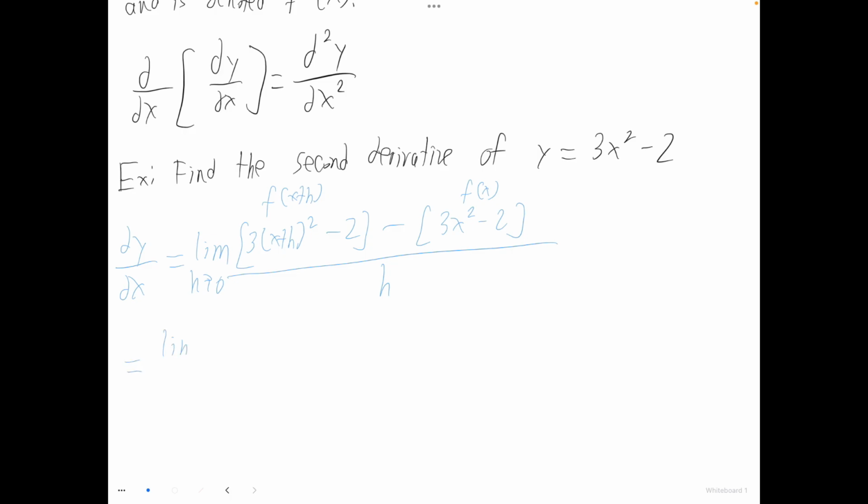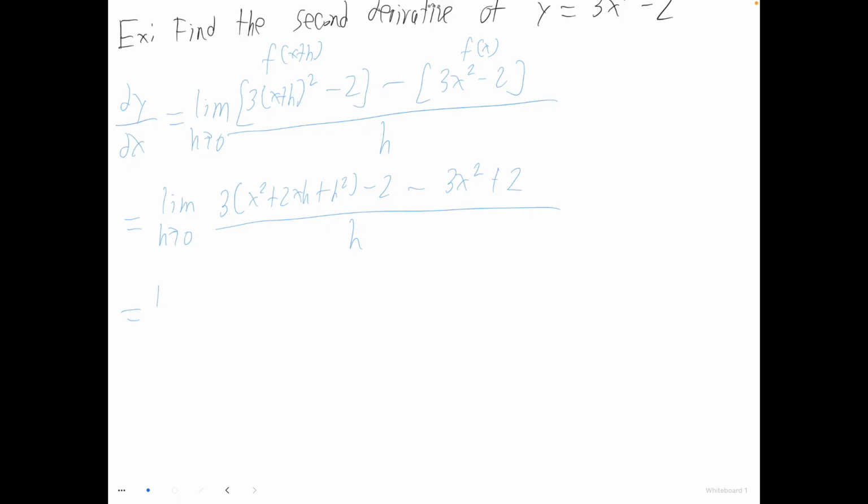This is the limit as h goes to 0 of 3 times x squared plus 2xh plus h squared, minus 2, then minus 3x squared plus 2, all divided by h. So we have the limit of 3x squared plus 6xh plus 3h squared minus 2 minus 3x squared plus 2, all divided by h. We have a 3x squared and a minus 3x squared, minus 2 and plus 2.